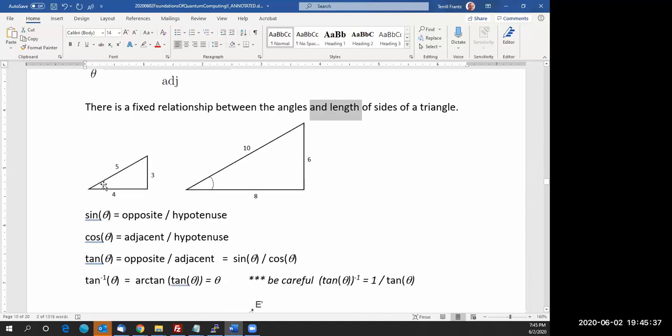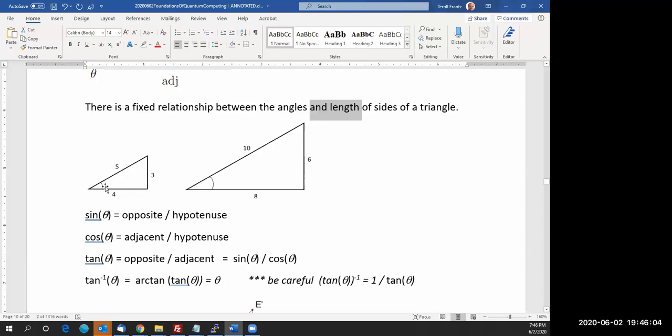So here I have a triangle that has an angle that has a side 5. Here's another one with the hypotenuse side being 10, and here the adjacent side is 4. Here the adjacent side is 8. Here the opposite side is 3, and here the opposite side is 6.